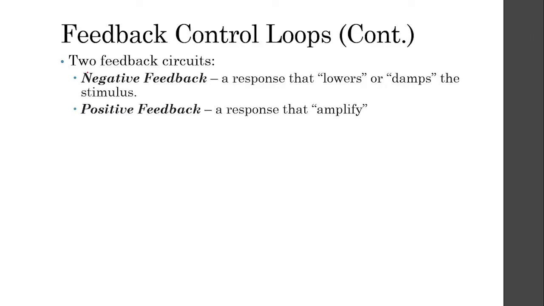I don't want you guys to get confused with these two. Positive feedback is easy to remember because it amplifies. When something is being amplified, it becomes stronger. It adds to the intensity. But for negative feedback, even though we mean it lowers or dampens the stimulus, you will notice from our coming example that it's not always the case.